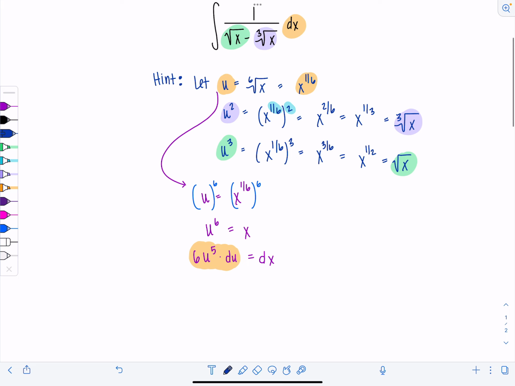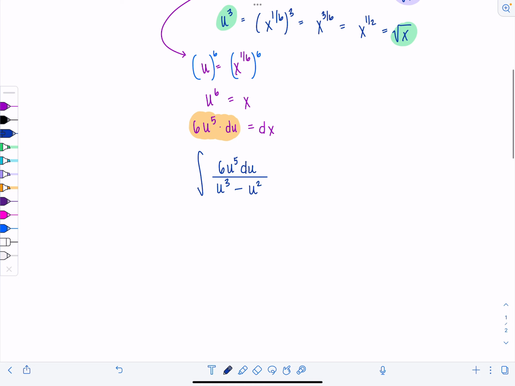So we're going to have now antiderivative. dx is 6u to the 5th du over square root of x right here is u cubed minus cube root of x is u squared. All right, fabulous. So it looks like we have a rational function now, which we're thinking, let's clean it up and then see, maybe we're going to need to do something, perhaps some division, because I'm noticing the degree of the numerator is higher than the degree of the denominator, right?